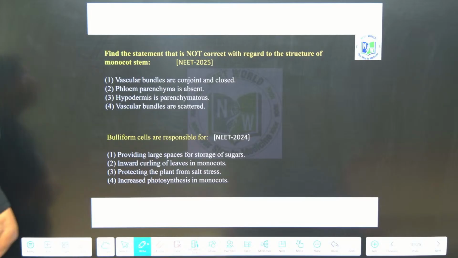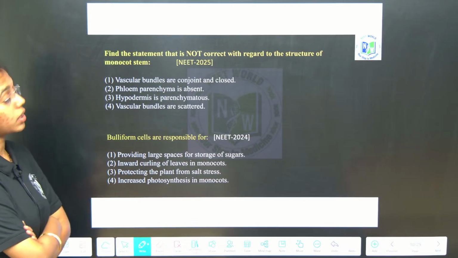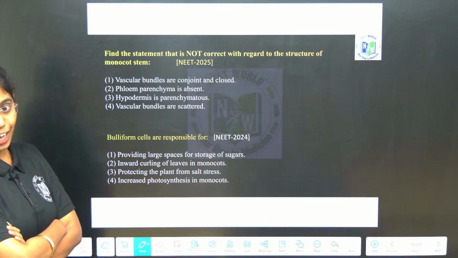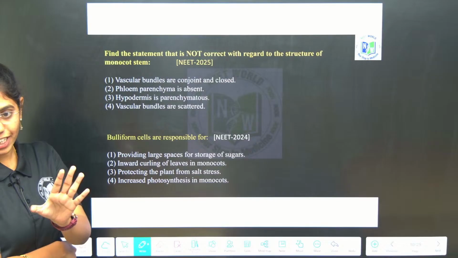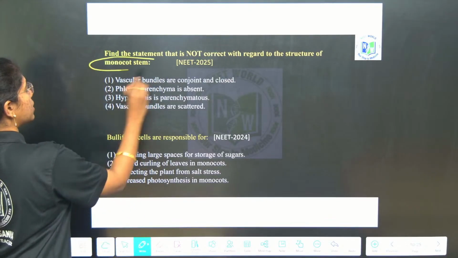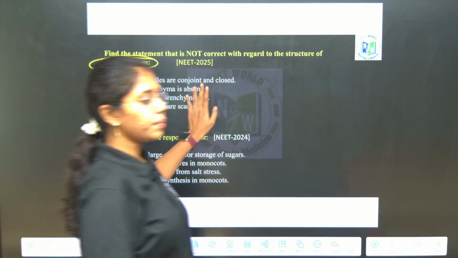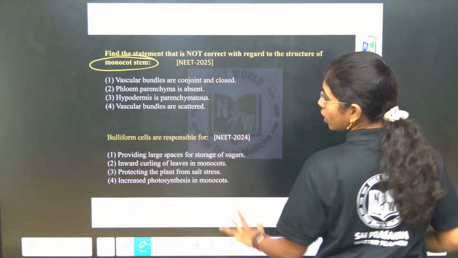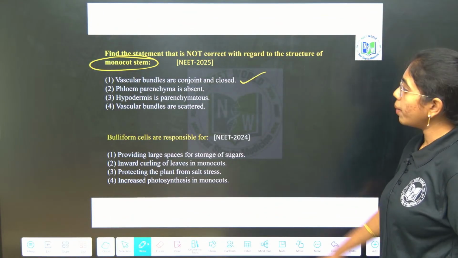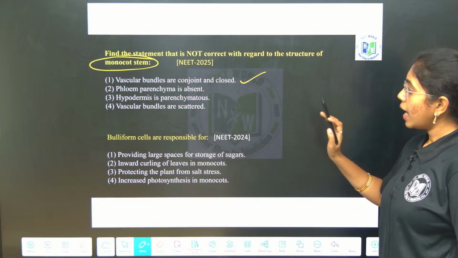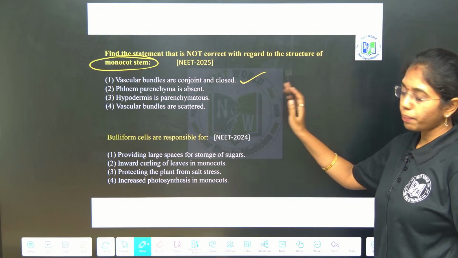Find the statement that is not correct with regard to the structure of monocot stem. As I told you already, definitely you will get a question on the comparative analysis. See here, monocot stem. Which statement is not in relation with monocot stem? Vascular bundles are conjoined and closed, correct only. Phloem parenchyma is absent.